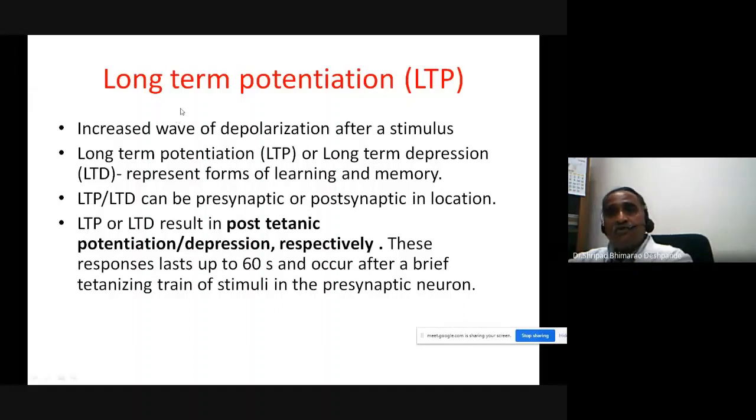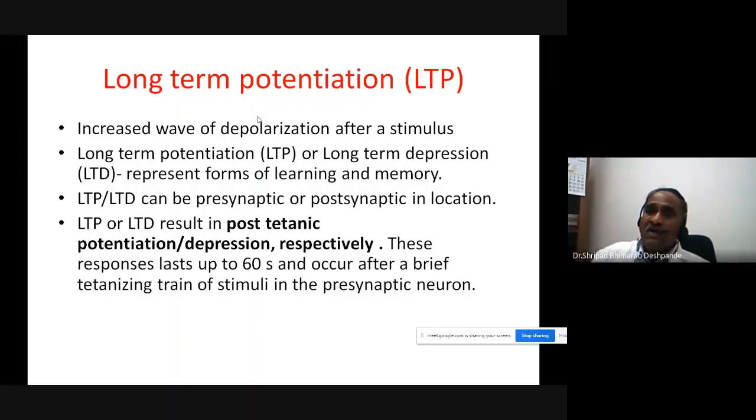The excitatory postsynaptic potential is a depolarization wave, and it has a time period. This excitatory postsynaptic potential may be prolonged. This prolongation of the excitatory postsynaptic potential is known as long-term potentiation.